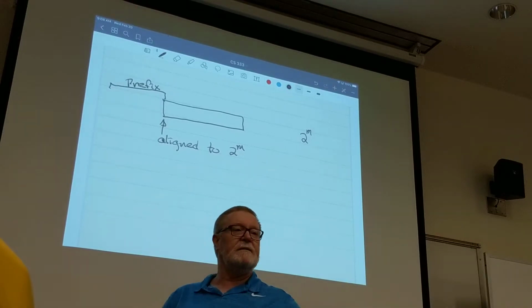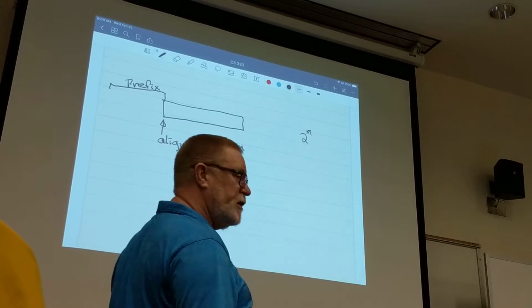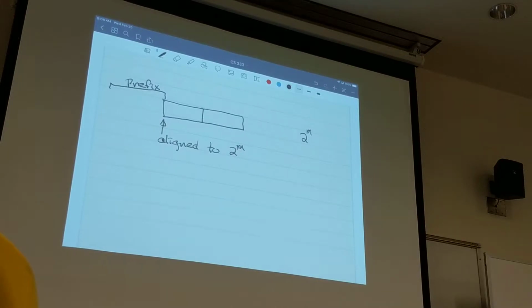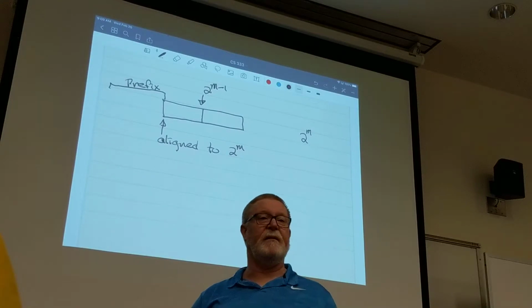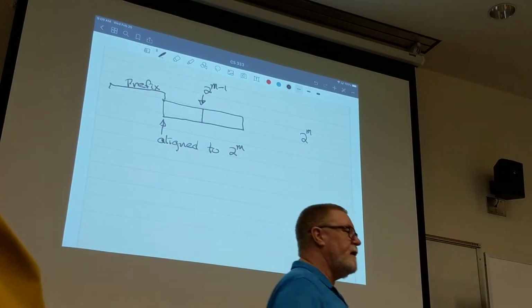So the prefix, when we break this block in half, the relationship of this now turns out that this second block now, it turns out this one is only aligned to 2 to the n minus 1. Right? It turns out the 2 to the n is also aligned to 2 to the n minus 1. So they're both set up for the next one down.